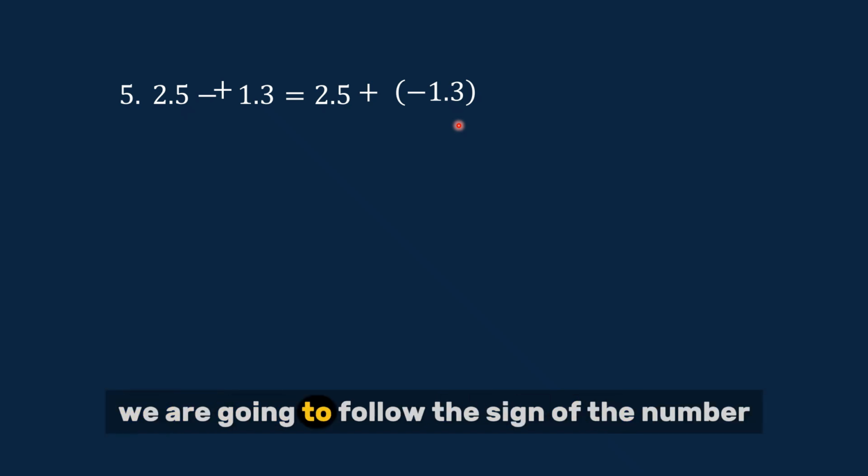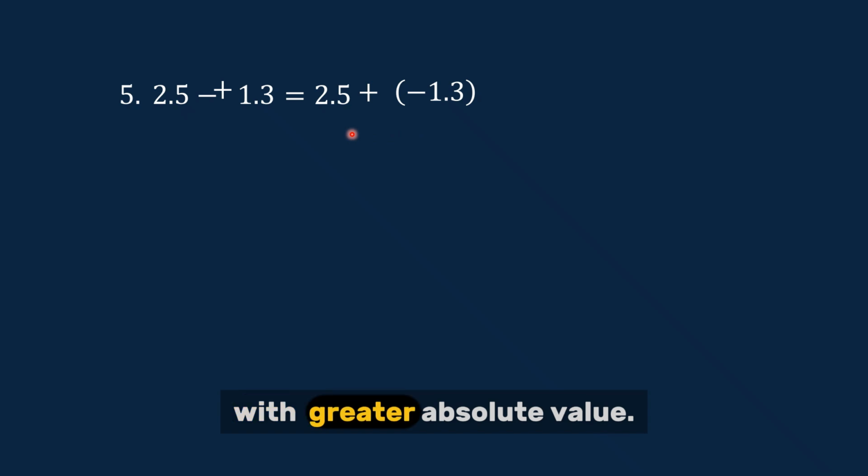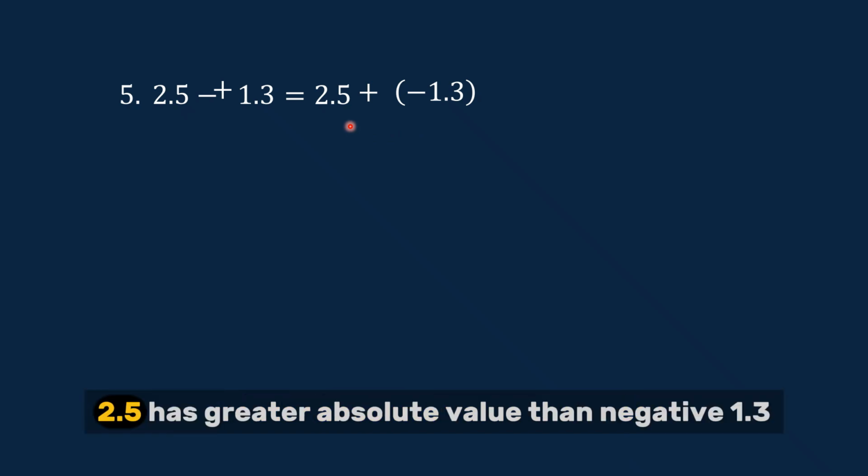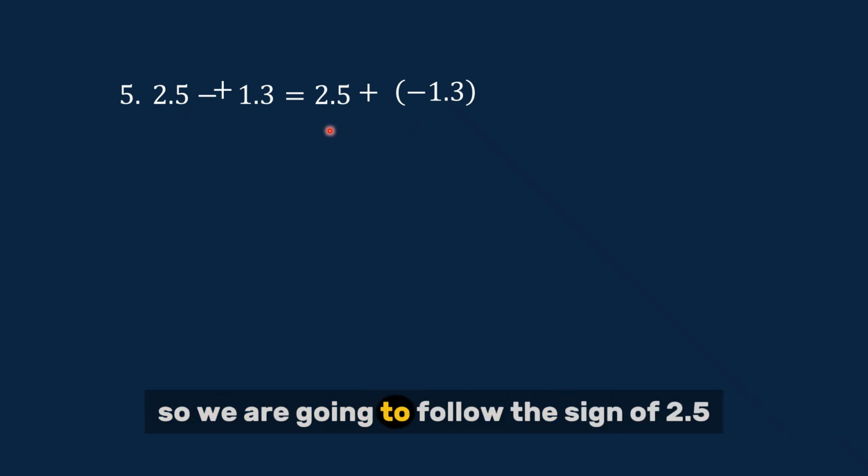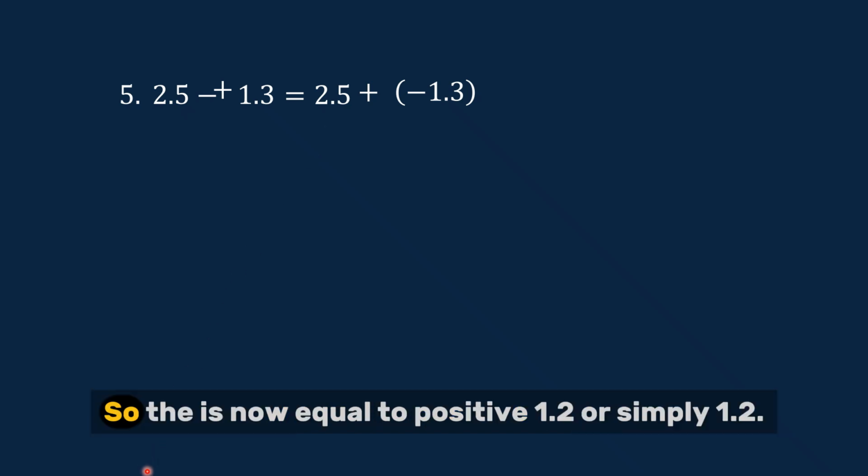And then we are going to follow the sign of the number with the greater absolute value. 2.5 has greater absolute value than negative 1.3. So we are going to follow the sign of 2.5, which is the positive. So this is now equal to positive 1.2 or simply 1.2.